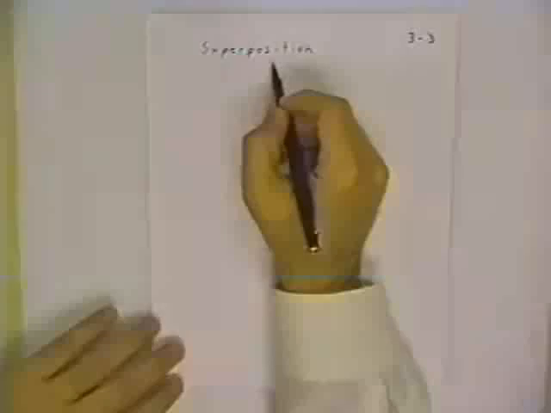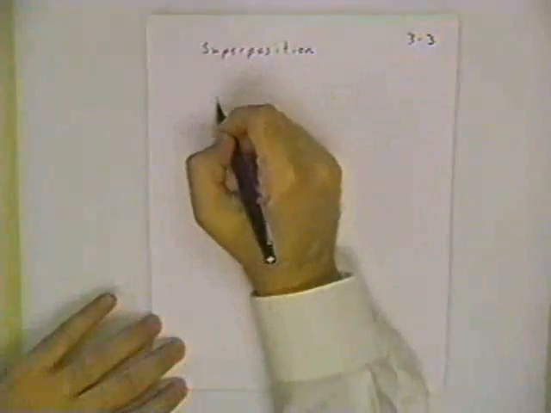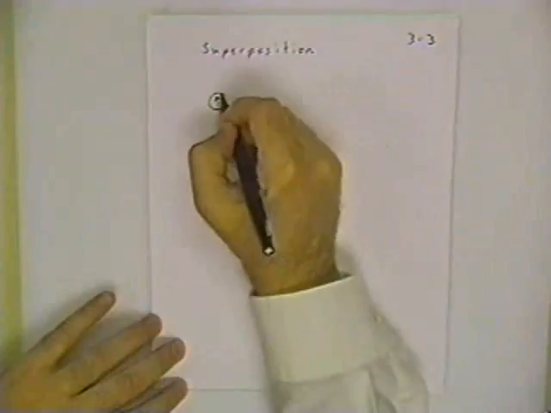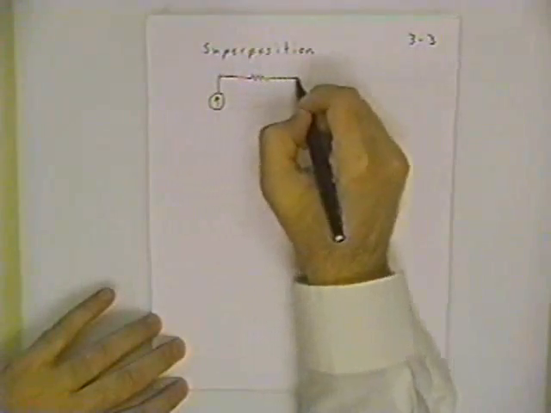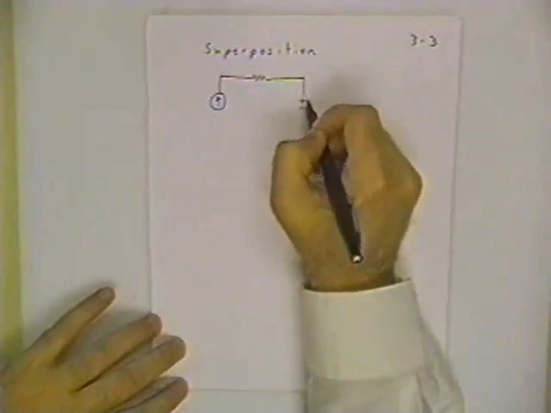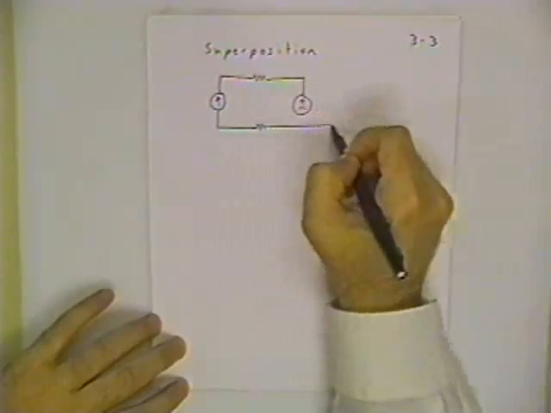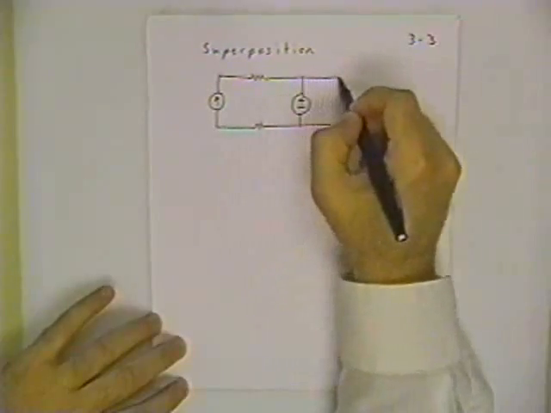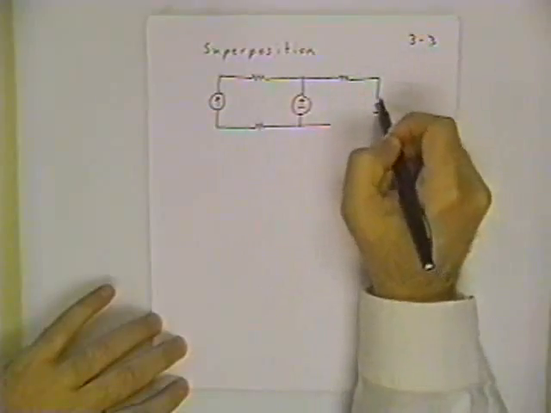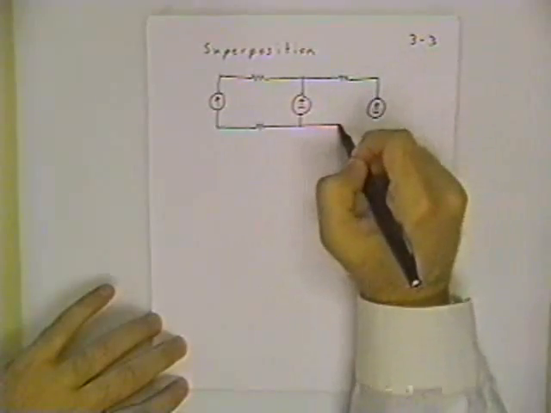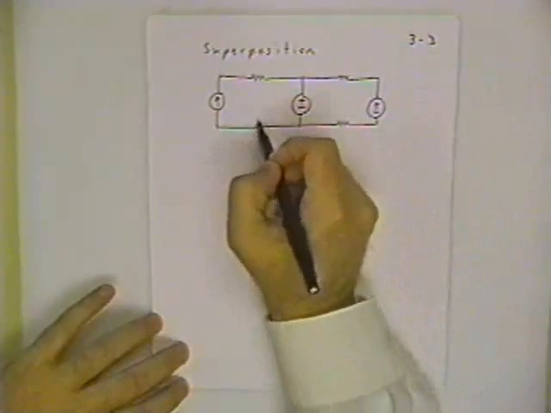The superposition principle says that the current in a particular element can be calculated by isolating the effects of each of the sources in the problem taken separately. So if I have a moderately complicated circuit like this one, and I want to focus on, say, the current in this resistor.